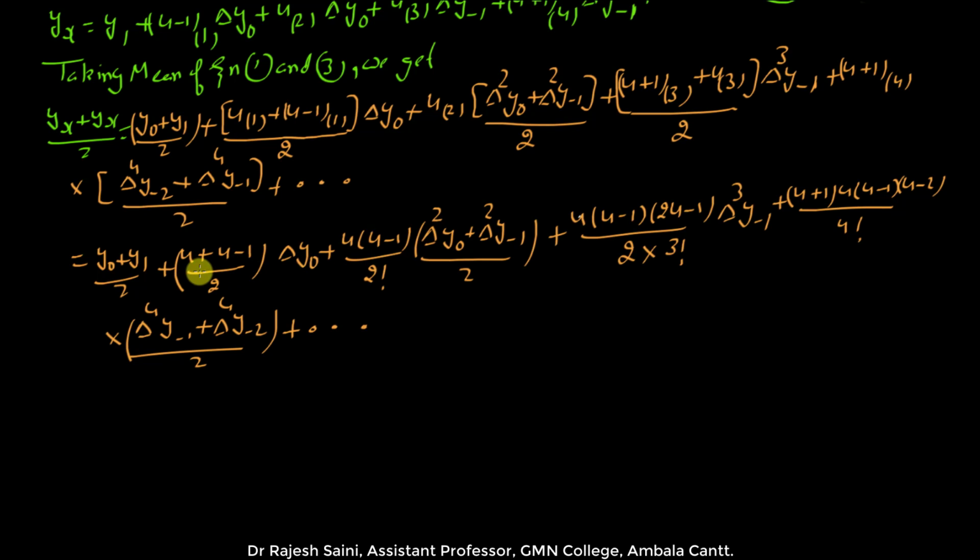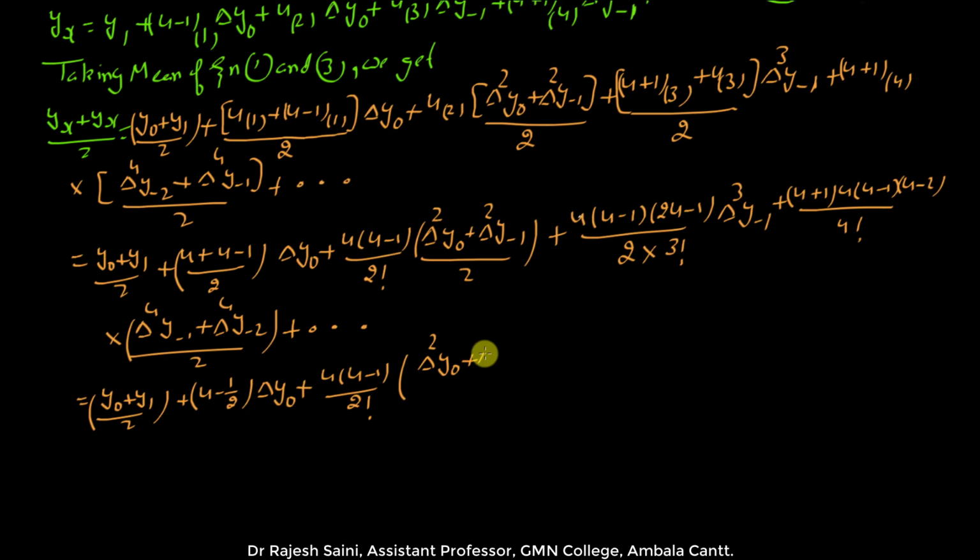Now this is 2u minus 1, so this can be written as y0 plus y1 by 2, plus (u minus 1/2) delta y0, plus u(u minus 1) by 2 factorial, you can write delta square y0 plus delta square y minus 1 by 2. Fine. Plus 2 will divide u minus 1 by 2, so it will come in between u and u minus 1.